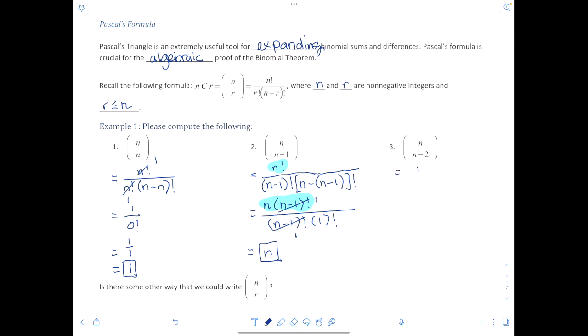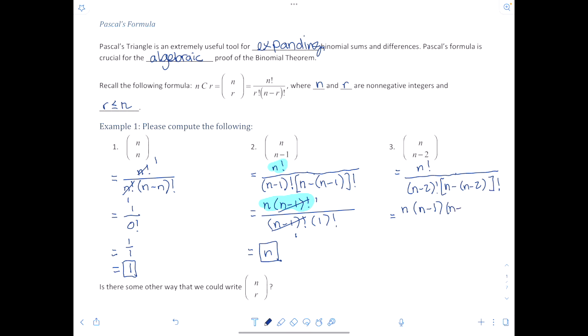Next up, N choose N minus 2. So that's going to be N factorial over quantity N minus 2 factorial times N minus quantity N minus 2, all wrapped up in one happy factorial. So again, I know I'm going to have to factor out, I want to get rid of that N minus 2 factorial, and I have the ability to do that because factorials are decreasing factors. So I'm going to change that numerator again.